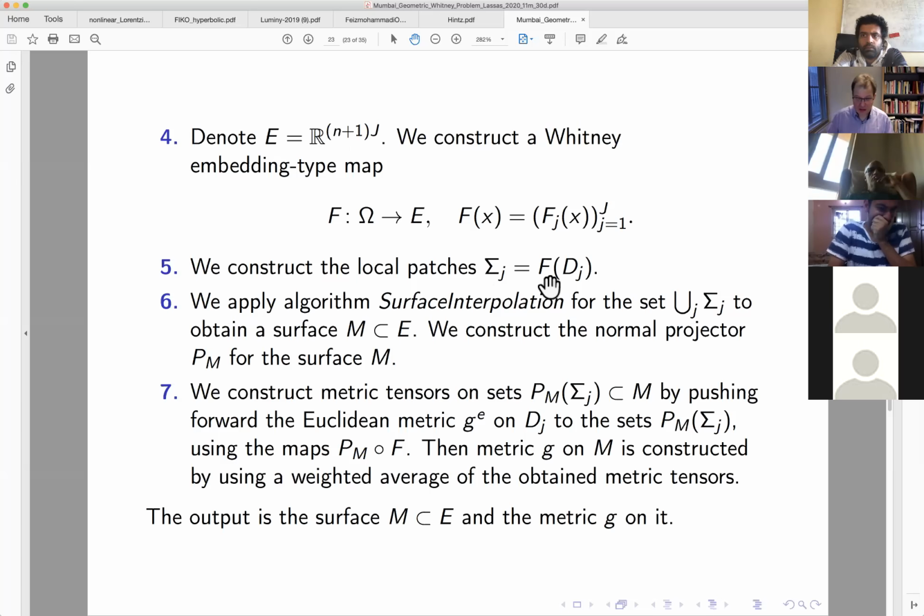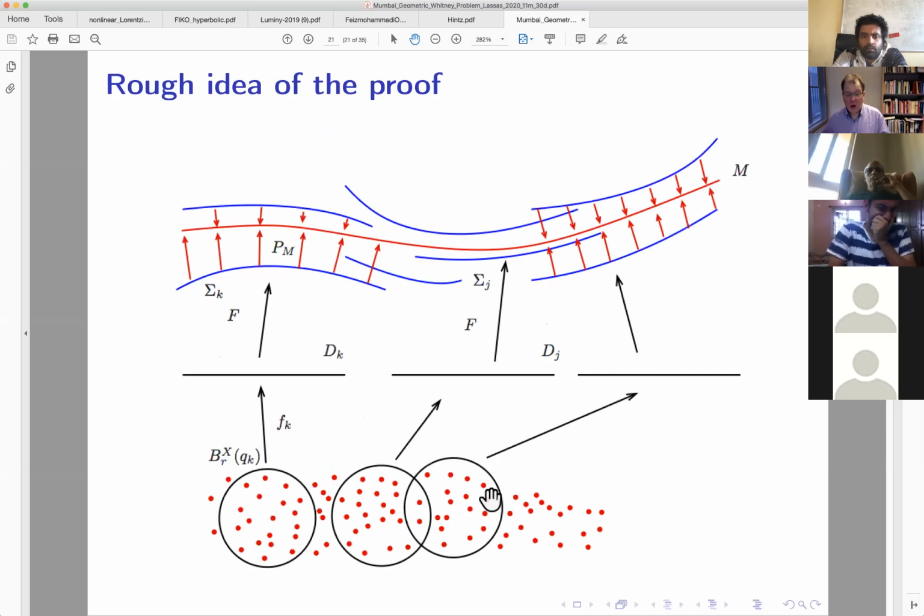Let's go back to the picture, what we have done. We have taken here the balls of the discrete metric space, then we embed those to Euclidean space as disjoint balls and call those disks. Then all these disks are embedded to Euclidean space of relatively large dimension, this space E. We embed all these disks to these blue sets that I denote by sigma j.